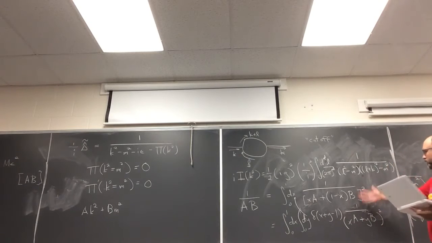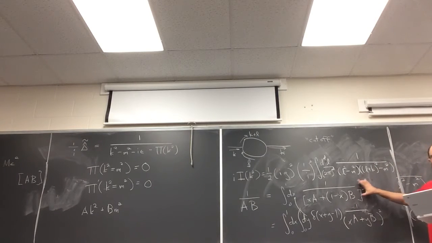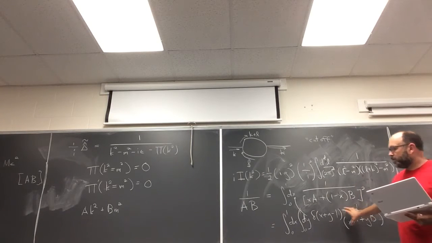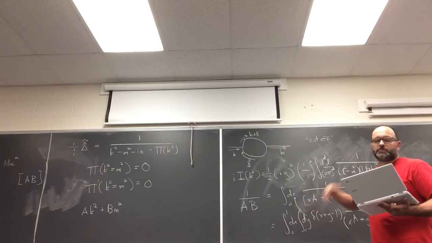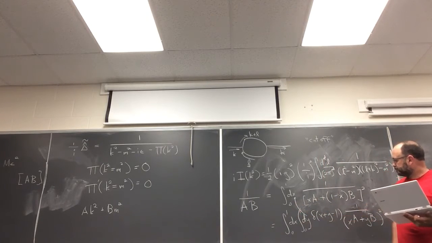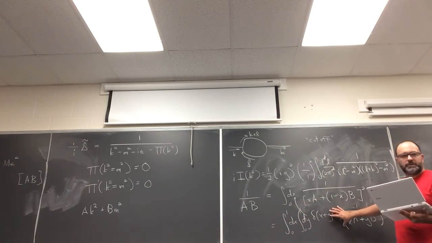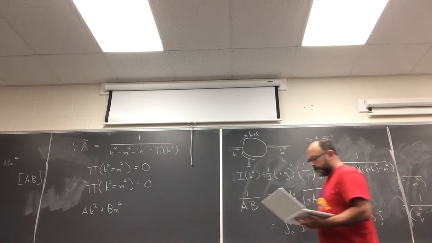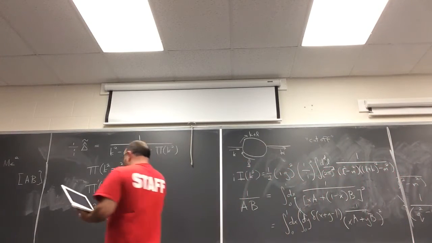You can use either one of these expressions. Typically when we're computing just a 2-point function, this is going to be the most convenient one. But when you get to higher orders, or to more complicated loop diagrams, it's sometimes better to go with this one.